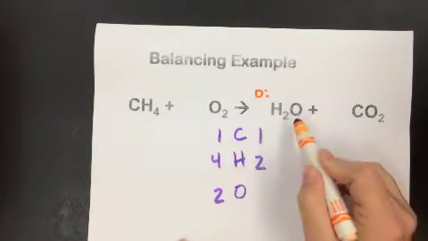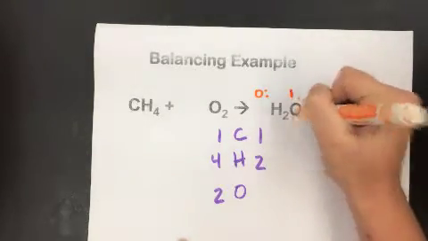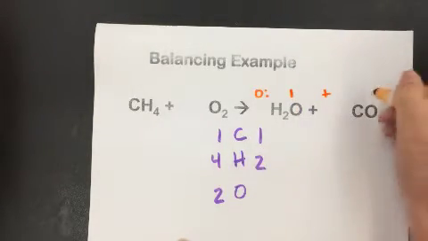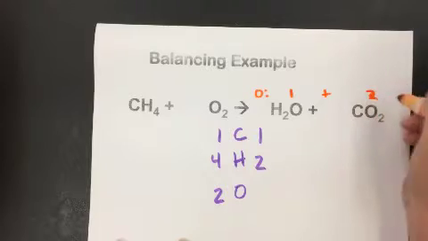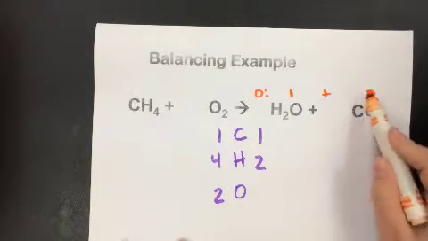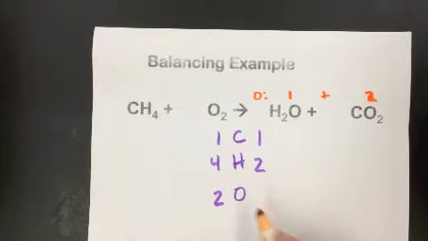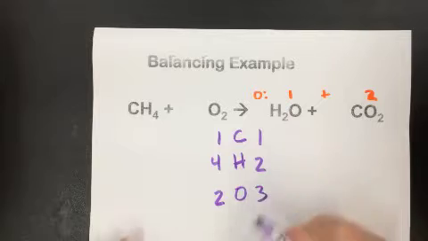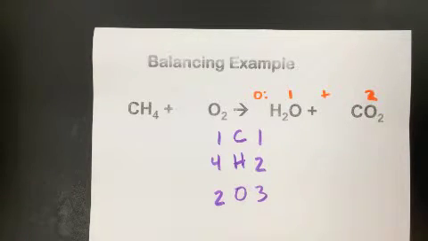So for example, oxygen, in this one, we have 1 above water, and we have 2 oxygens in carbon dioxide. That means that our total number down here is 3. There's a purpose for my tip because of a very common mistake that you'll see in just a second.